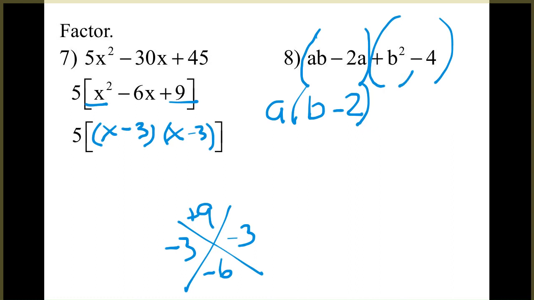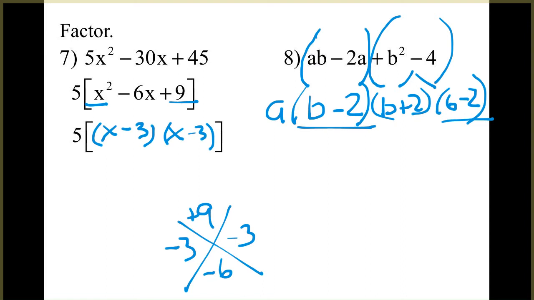Now in this one, I can fully break it down to B plus 2 times B minus 2. Now what is the binomial factor we have in common? B minus 2. What's left is that A, and I have the, oh, I guess I should have written this plus 1. That's all I can do.